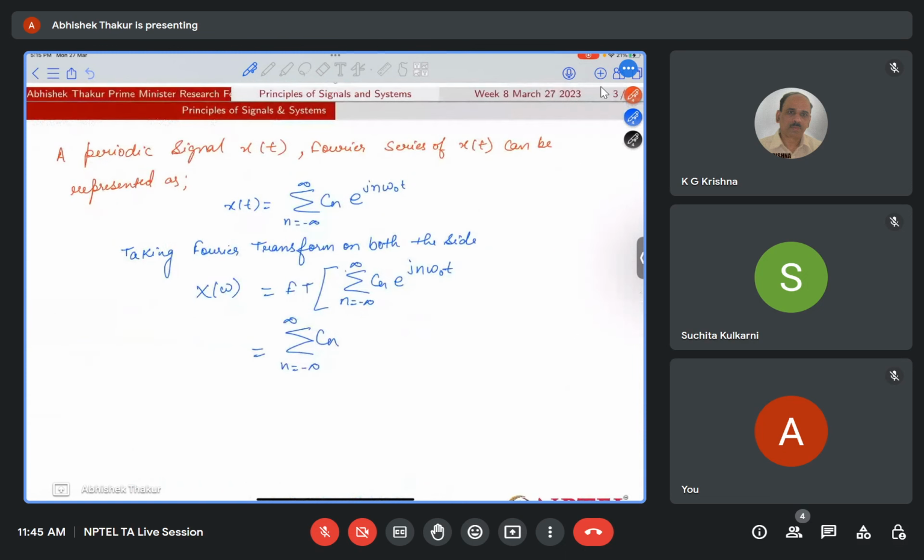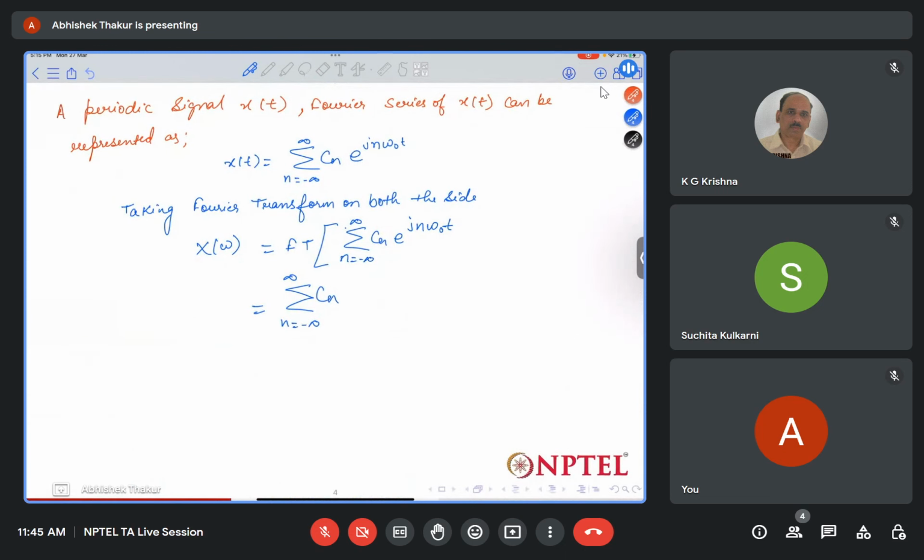So here the Fourier transform of e to the power of j n omega naught t will be 2 pi del omega minus n omega naught. We can write 2 pi outside of the summation as it is a constant term. In this way we can find it.